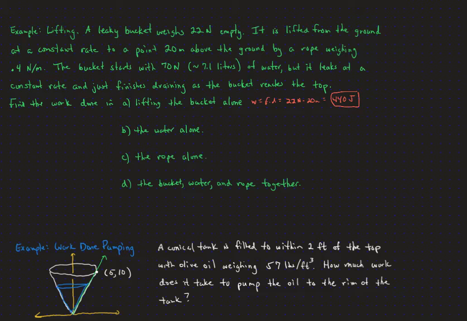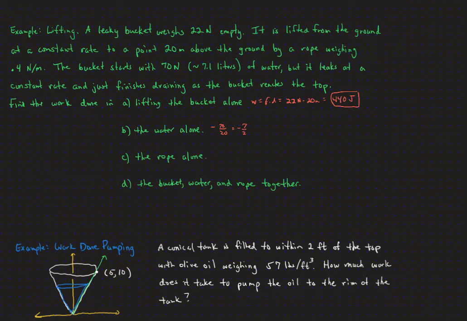Now, with the water alone, we start with 70 newtons of water, and by the time we get 20 meters up, we've got no more water left. So that means that we are losing 70 over 20 newtons per meter. So that is going to give us a negative 7/2 for the slope.